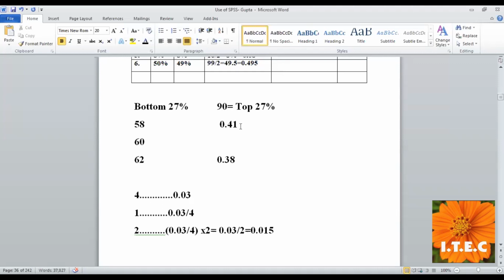So that means your value at 58 is 0.41, and the value at 60 will be 0.41 minus 0.015. So this becomes the value at 90 and 60.